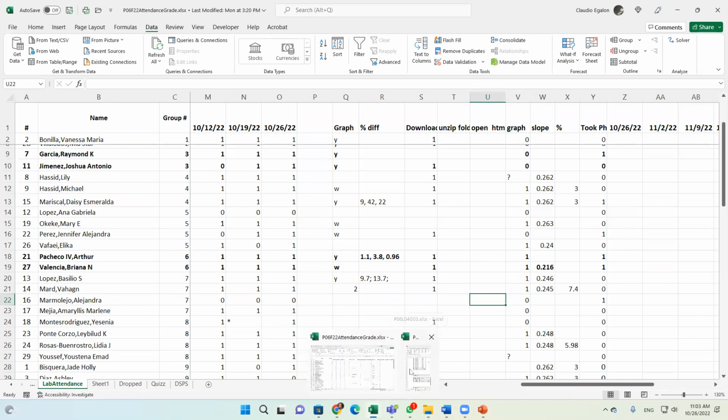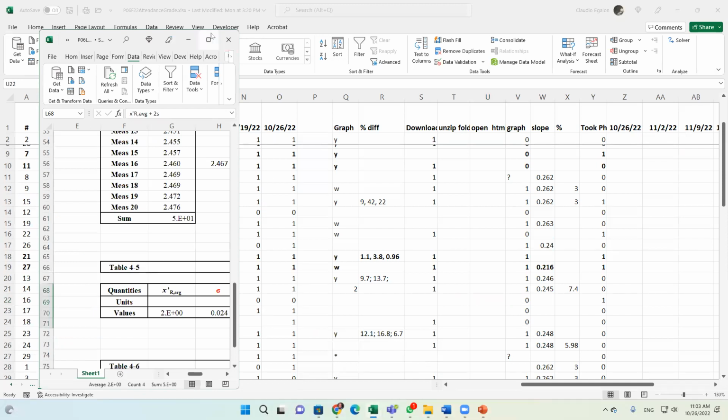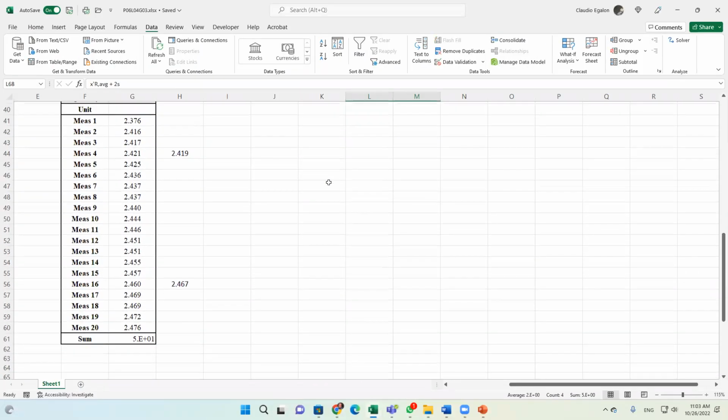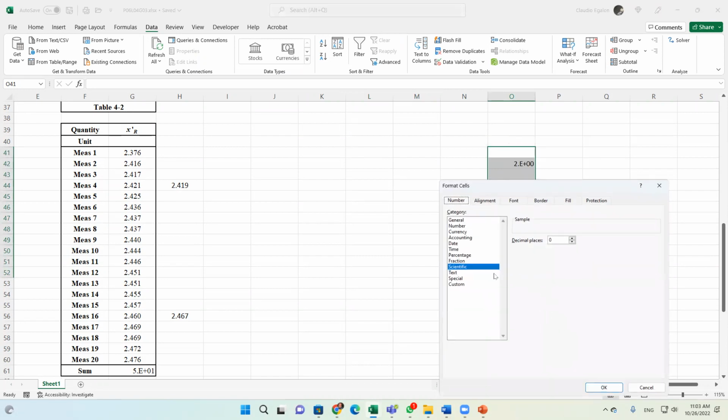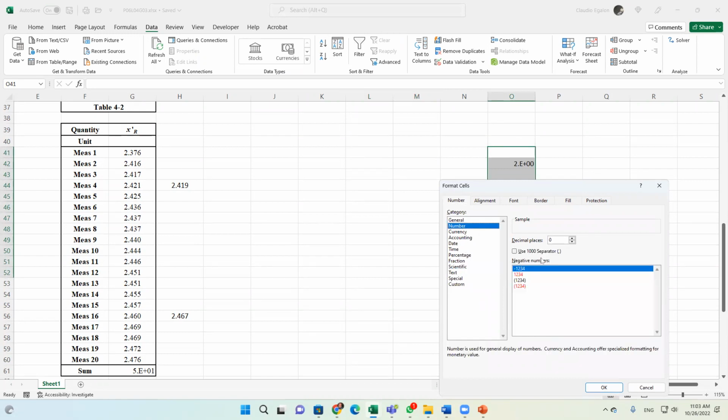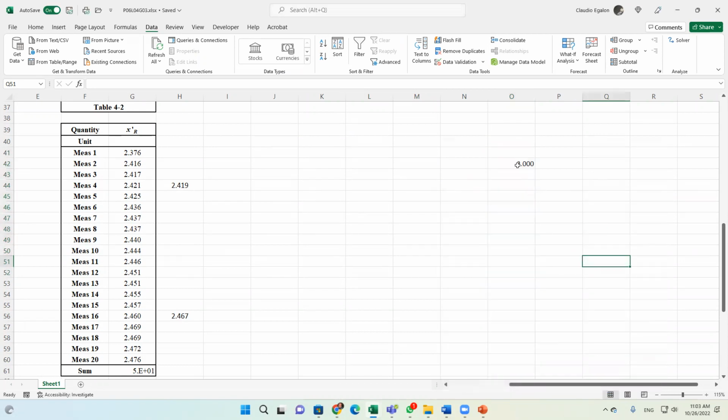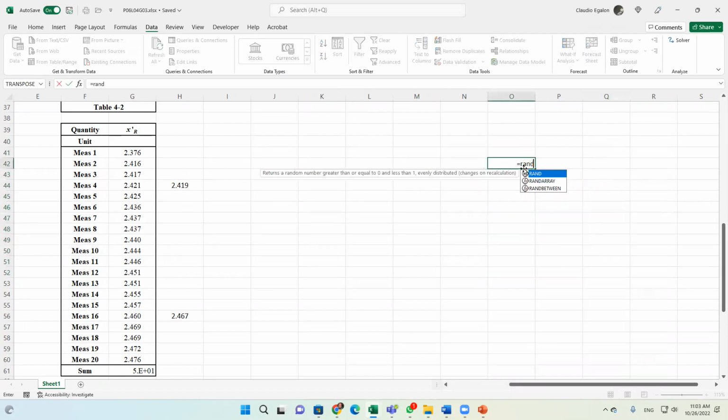Let's do that again. Okay. Here you go. You know, those numbers are already sorted out. So let's do it here on the side so you can see how it's done. I'm just going to generate some numbers randomly here. And then I will sort them out.